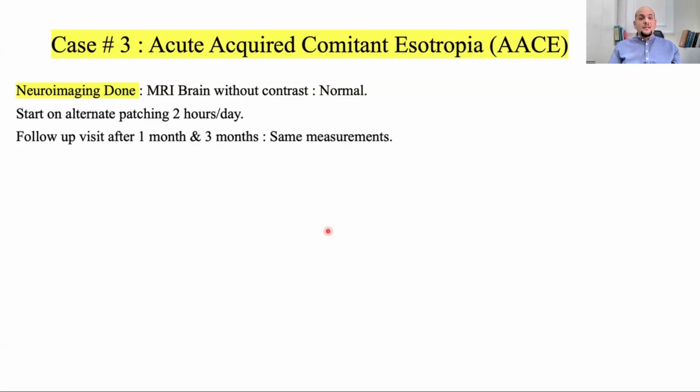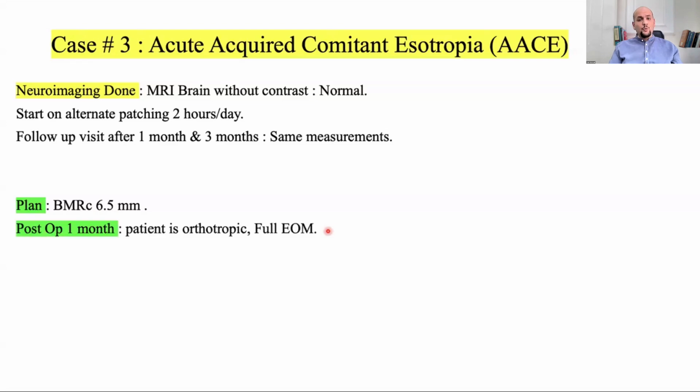Follow-up visit after 1 month, 3 months, and I got consistent measurements in each visit, esotropia of 45 prism diopter. So I have done bilateral medial rectus recession of 6.5 millimeters. Post-op 1 month, patient is orthotropic with full extraocular motility.